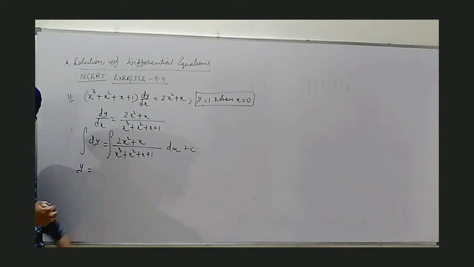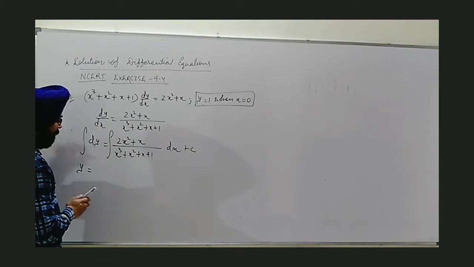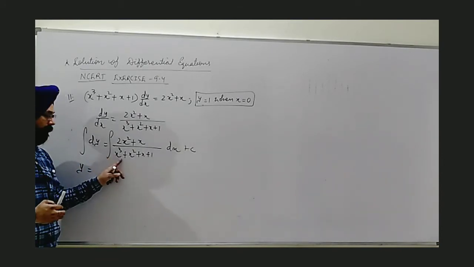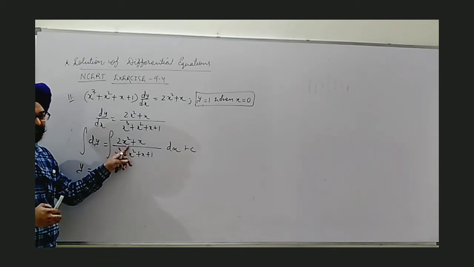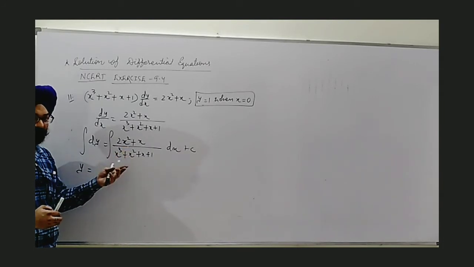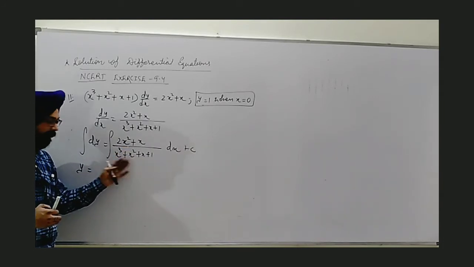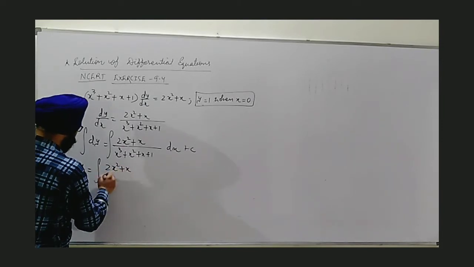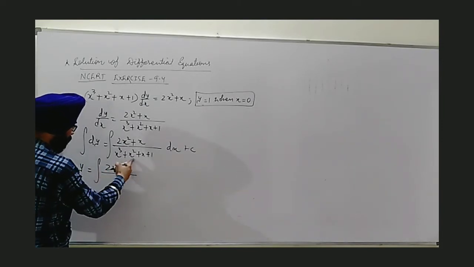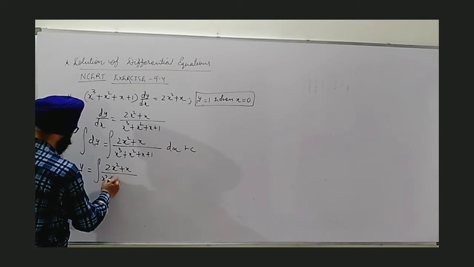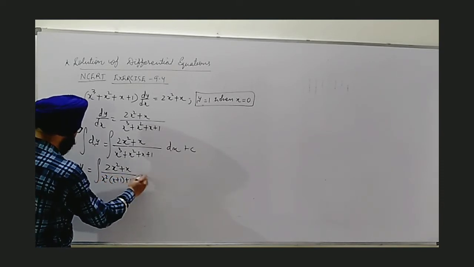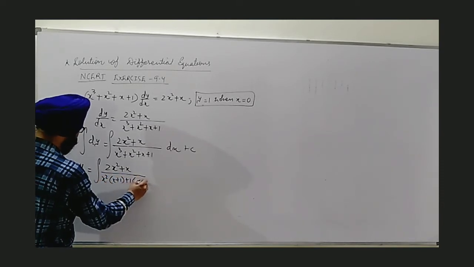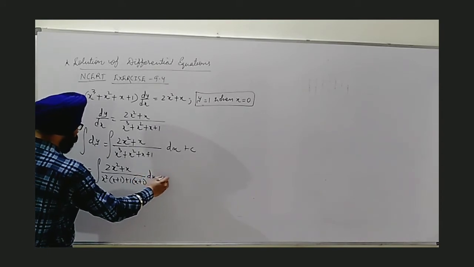For this function you have to use your experience from earlier chapters. Cubic function in denominator, quadratic in numerator, partial fraction is applicable if we can factorize. You can see 2x square plus x, this can be written with x square common. We have x plus 1 here, so for sure you can check this can be factorized.